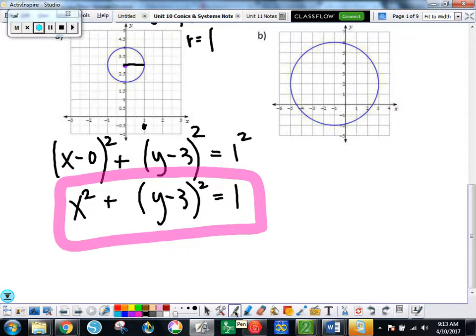Okay, let's try the next one then. The center is here. Negative 1, 2. The radius is what? Say it again. 4. Okay, on your own, try to come up with the equation, if you haven't already.